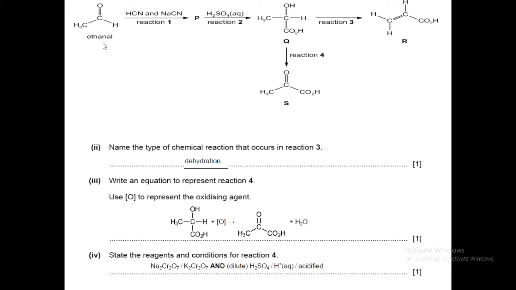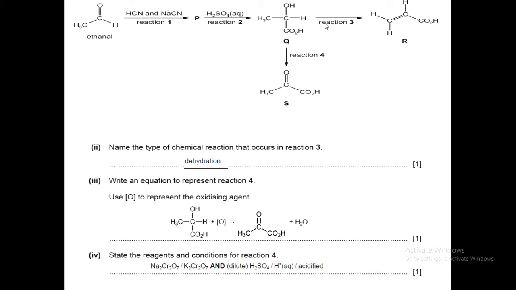I have again drawn the sequence of reactions that are taking place with ethanol. In the second part, he was asking: name the type of chemical reaction that occurs in reaction 3. In reaction 3, you can see that this is Q being converted into R. From Q, a double bond is created between carbon 1 and carbon 2.